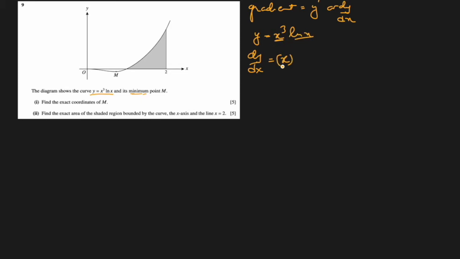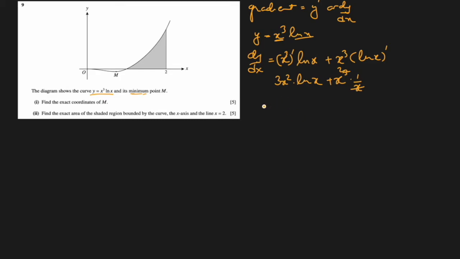So it will be x cubed prime ln x plus x cubed ln x prime. So x cubed, its differentiation is 3x squared, ln x remains ln x, plus x cubed remains x cubed, but ln x, its differentiation is 1 over x, and this x and this will cancel, so we'll be left with x squared here.